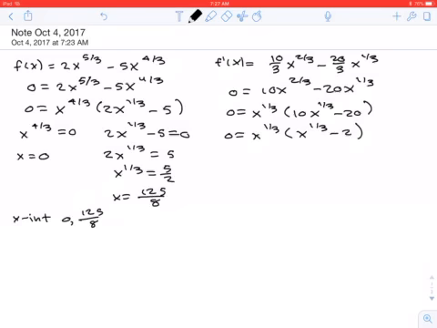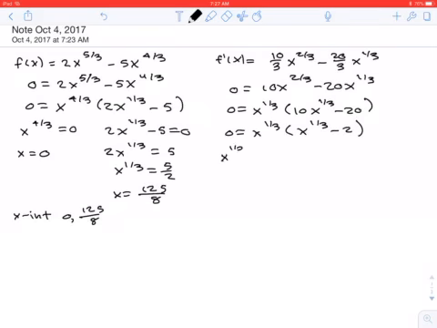Okay, so setting each of those factors equal to 0, I get x to the 1/3 equals 0, and this stuff equals 0. So I get x equals 0, x equals 8.